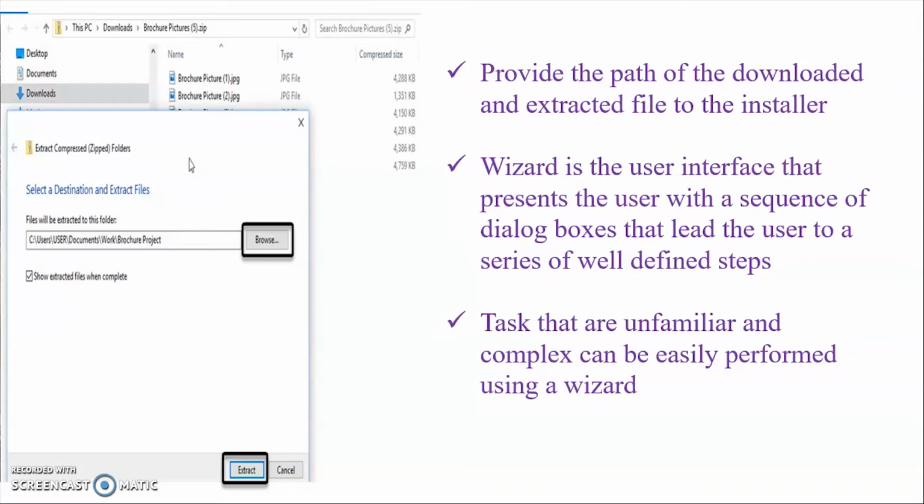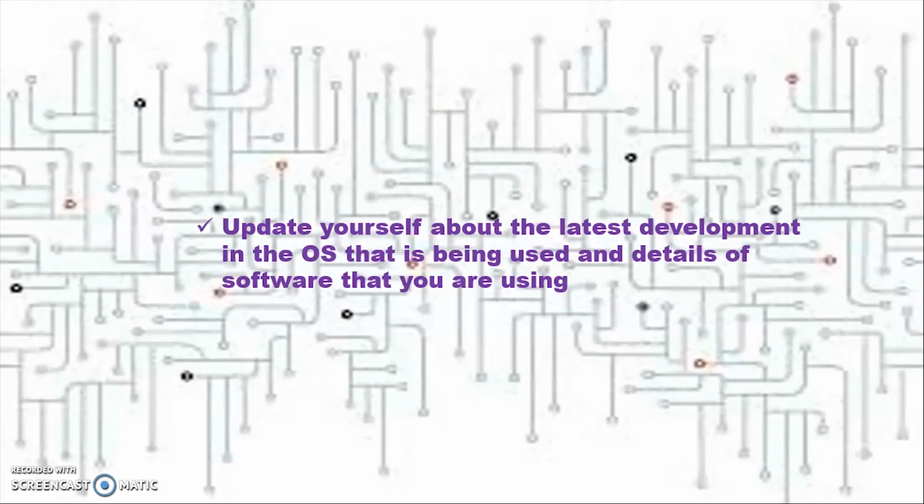Fourth, we have to provide the path for the downloaded file, and then you have to install it using the wizard process. And once you have installed, you have to always update your OS to the latest version. Okay children, so these are the steps which are involved for downloading an application.